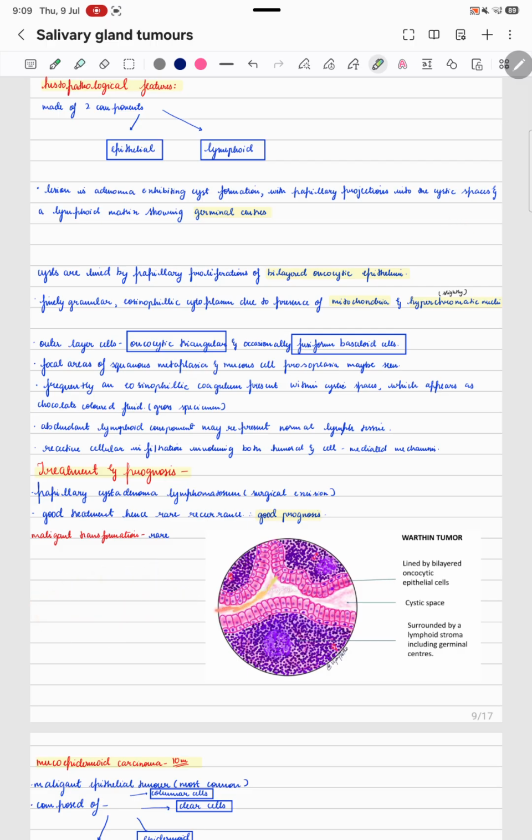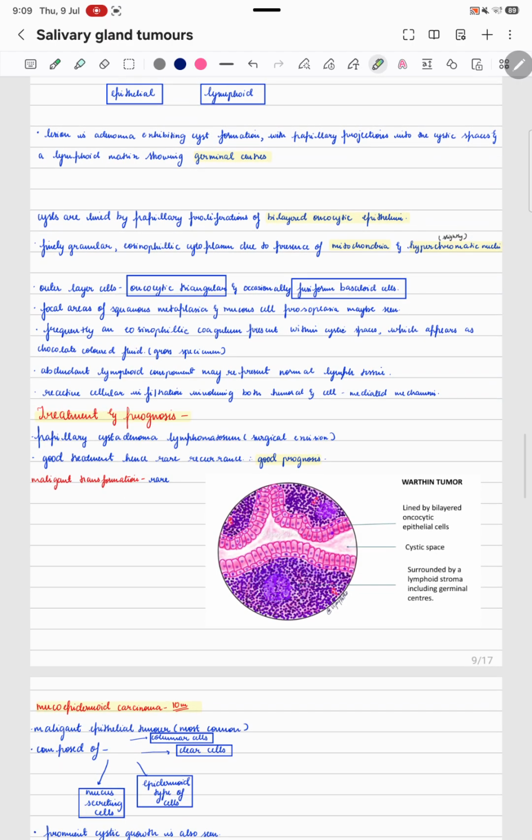This is the cystic space, and the lymphocyte matrix shows germinal centers. The cyst is lined by papillary proliferation.